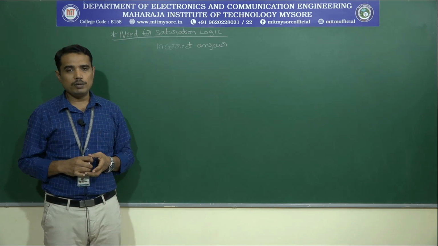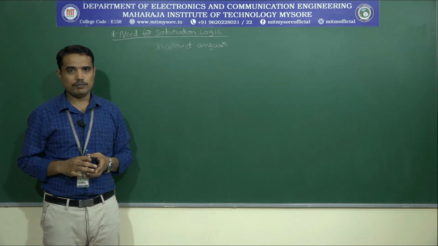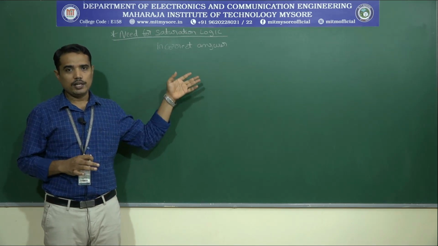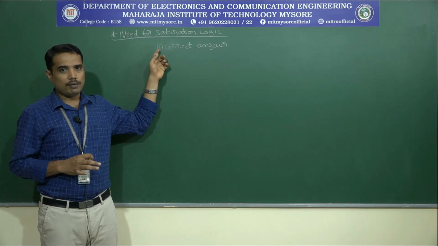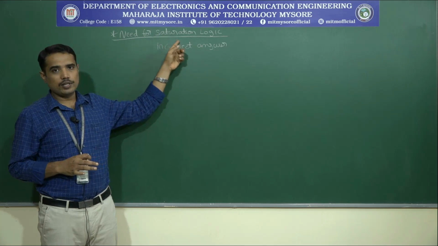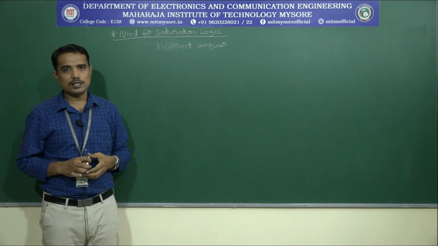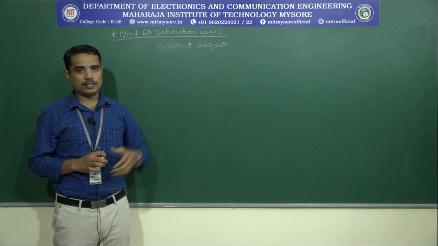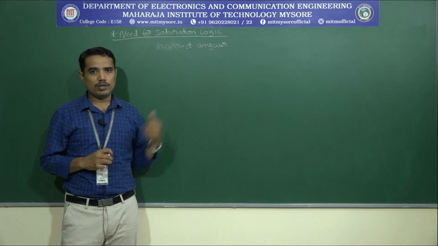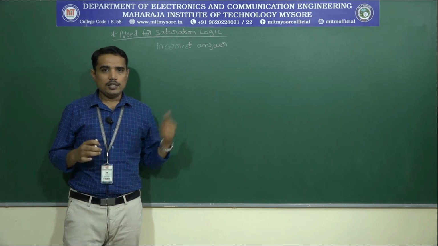So in order to minimize the error which is computed, we have to take a measure such that we minimize the incorrectness of a result by adopting saturation logic. Now let us see how it works with an example.